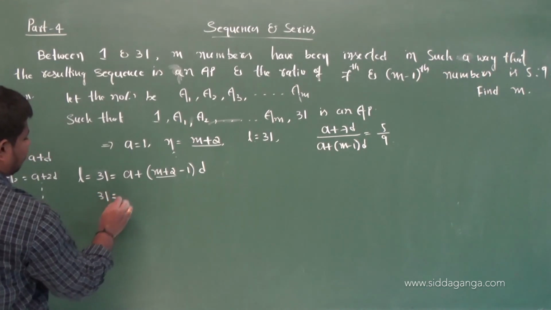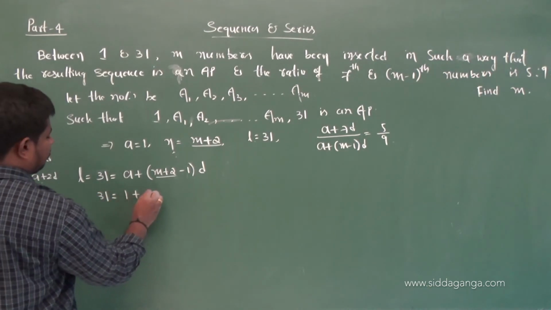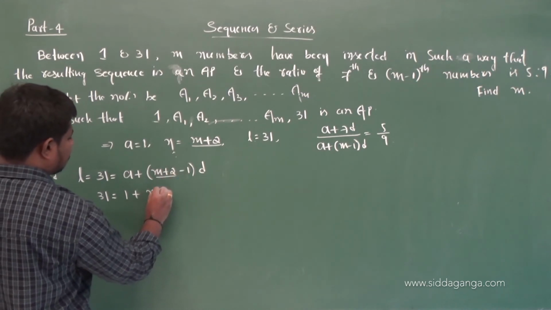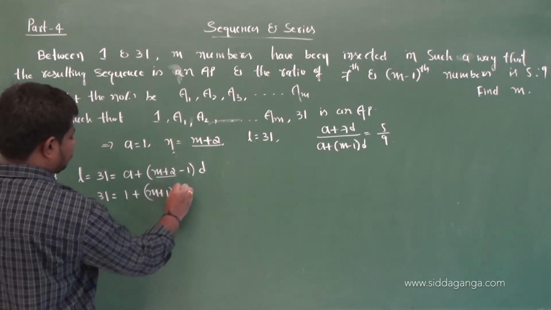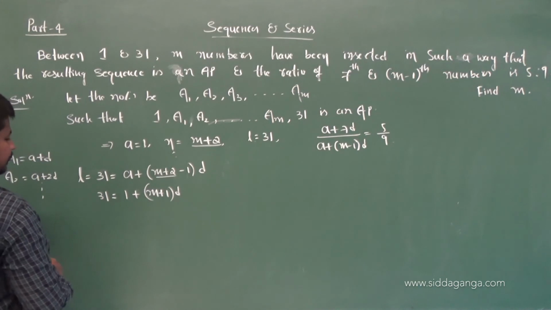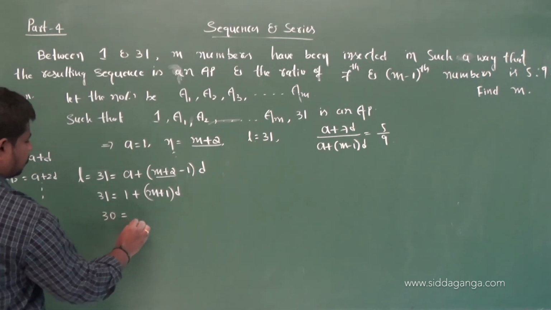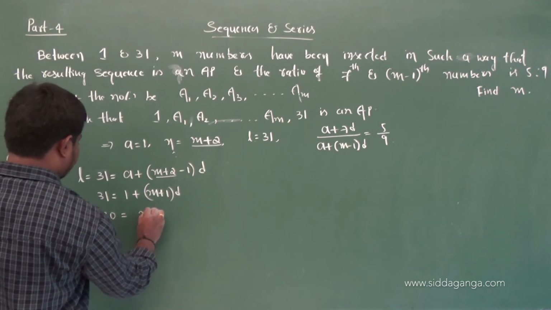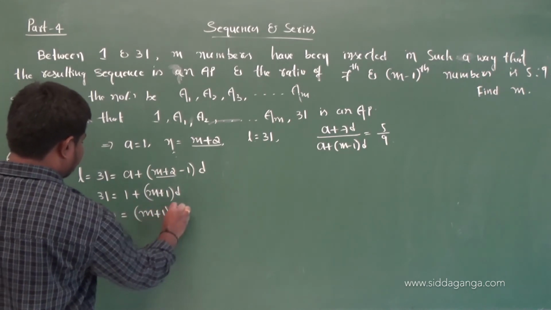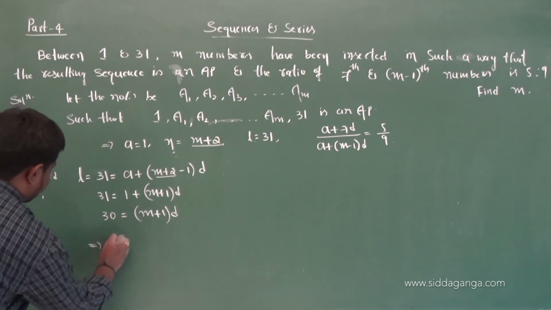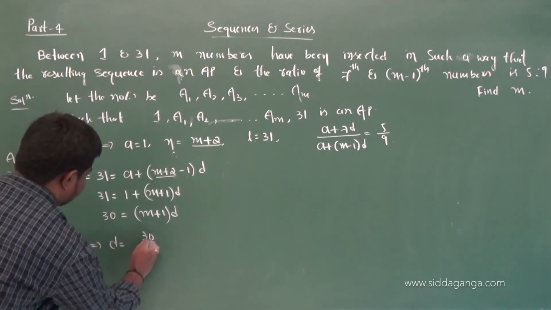So 31 is equal to 1 plus (m plus 2 minus 1), that is (m plus 1) into d. So d is equal to 30 divided by m plus 1.